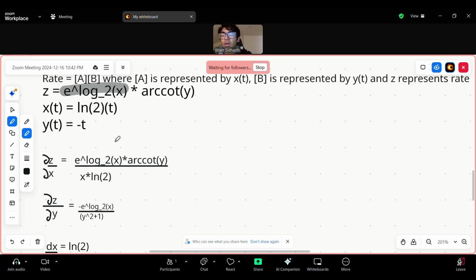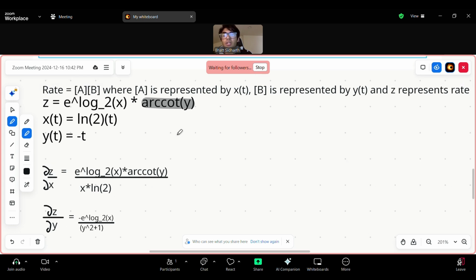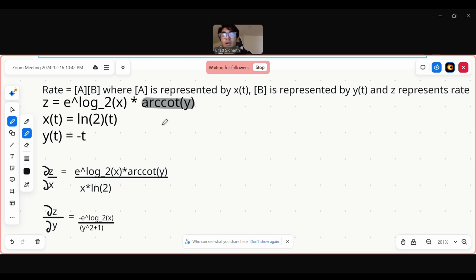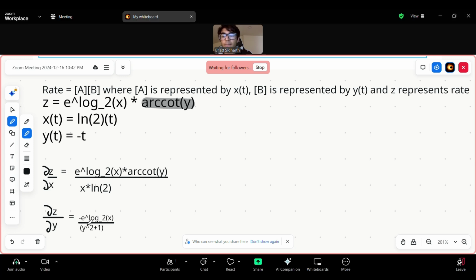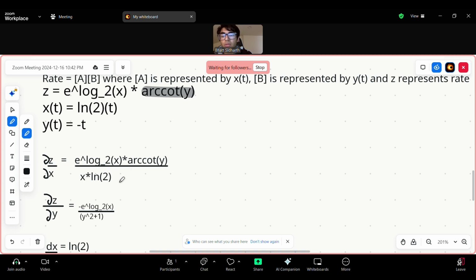Similarly for y, we don't care about x anymore. We just care about y. So when you do the partial derivative of z with respect to y, partial z over partial y, we know that the derivative of arccosine of y is -1 over y squared plus 1, and then we just multiply that by the x term.